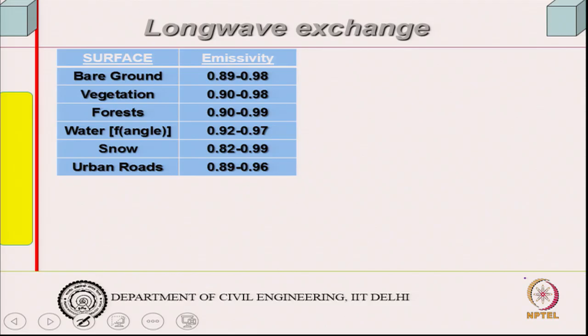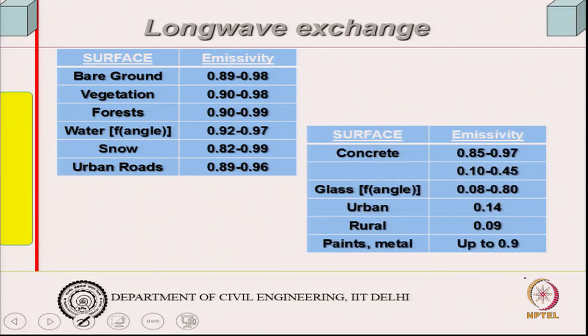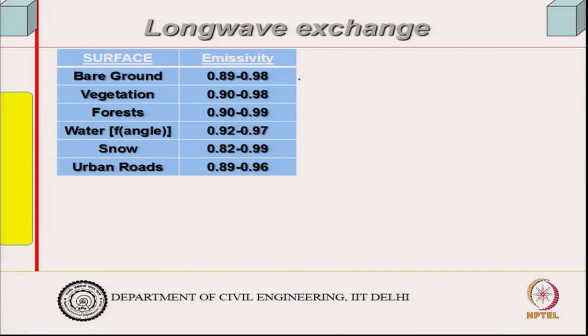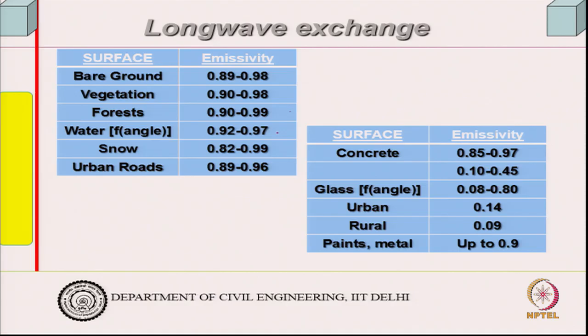And if you see long wave emissivity, which is important, that was for short wave, this is for long wave. So bare ground is 0.89 to 0.98. So it emits a good lot. Vegetation is something like this, forest something like this, and water, most of it is actually emitted back. Concrete too, but some of the surfaces can be lower, and glass, urban area, rural and so on.